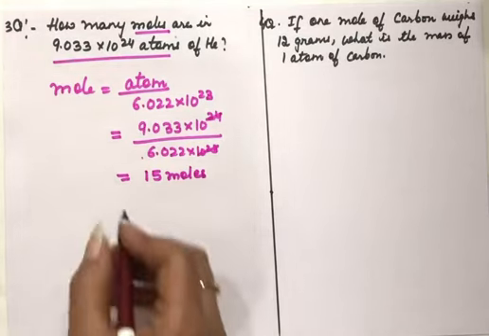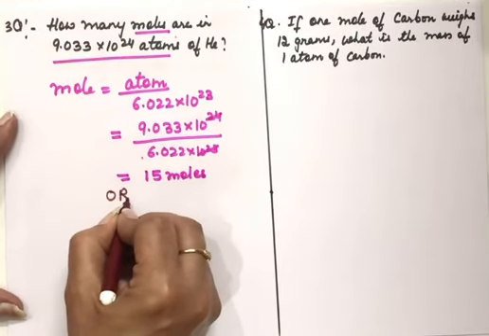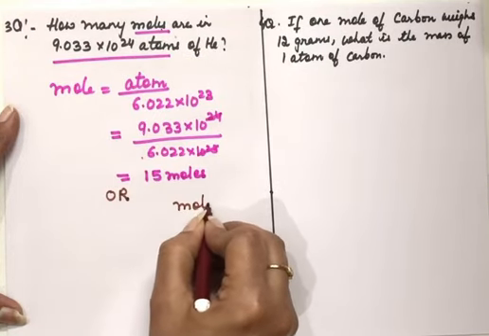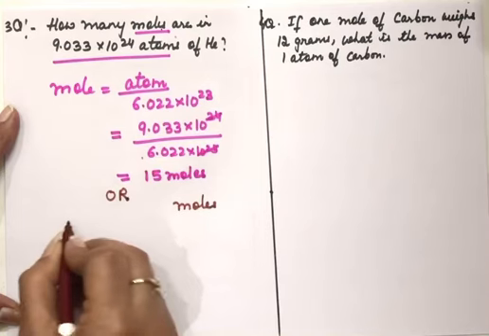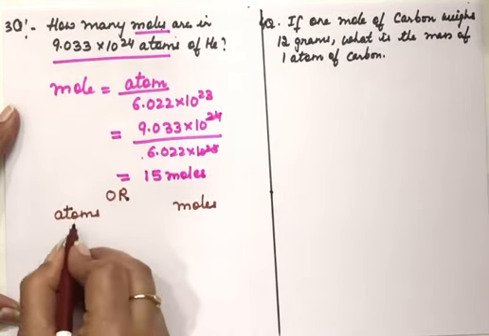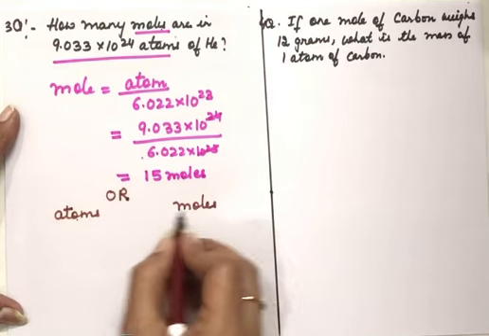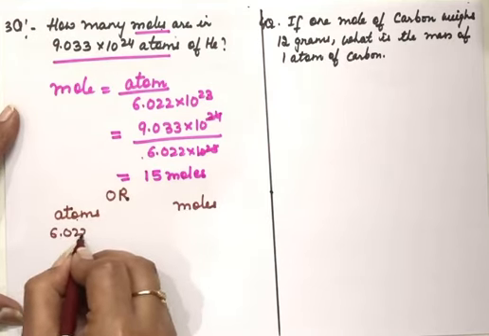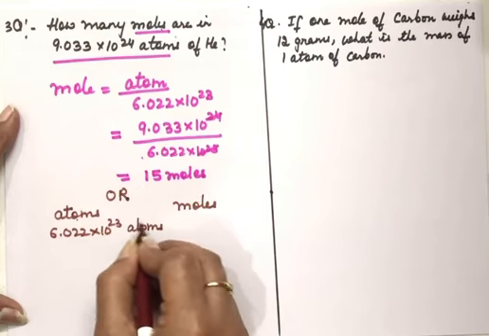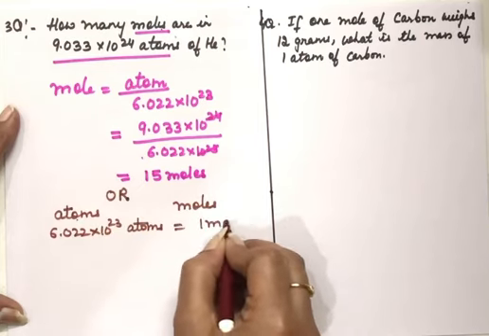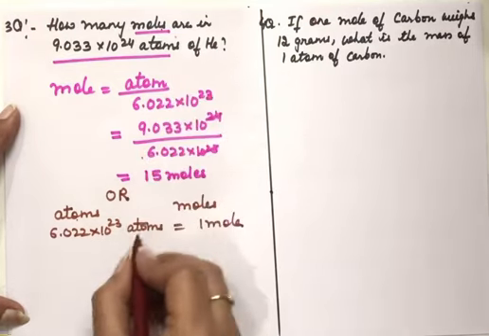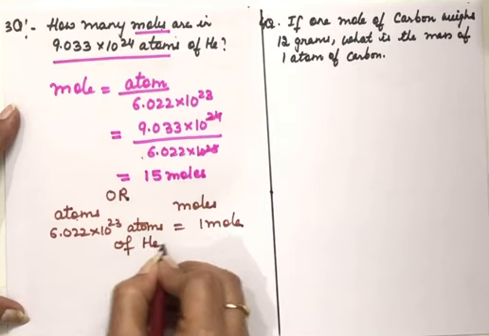So if we solve this question by the unitary method, again moles we have to find out, so this will come on the right hand side. And what is given? Atoms, so they will come this side. Now according to the mole concept, how many atoms are equal to how many moles? If we take Avogadro number of atoms of an element, these are always equal to 1 mole, this we know. Now in this case, these many atoms of helium are equal to 1 mole.